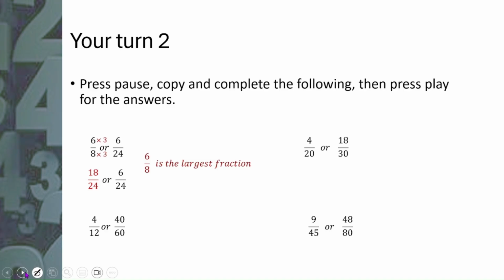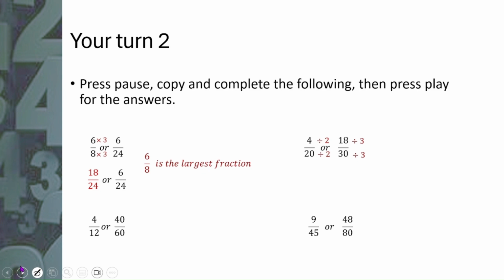So if I was going to turn 4/20ths into something over 10, well, I'd have to divide by 2 because 20 divided by 2 would give me the 10, right? So 4 divided by 2 is 2, 20 divided by 2 is 10.